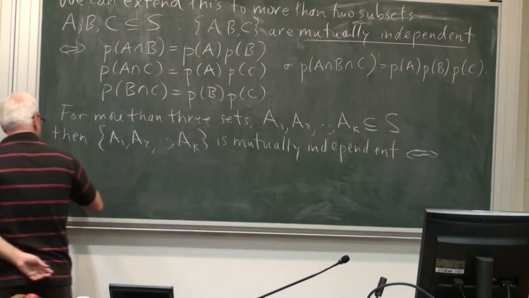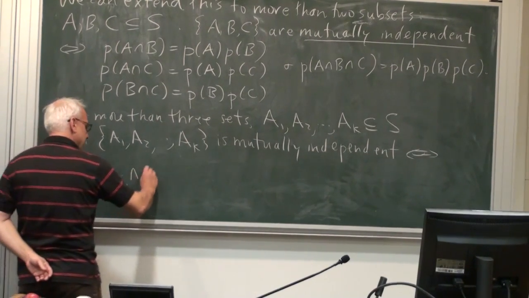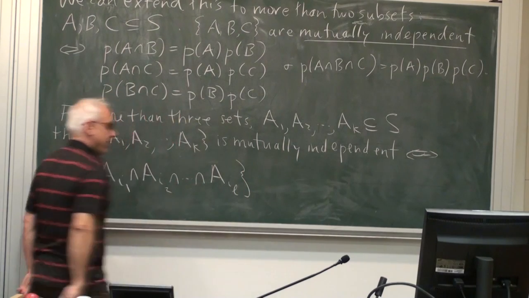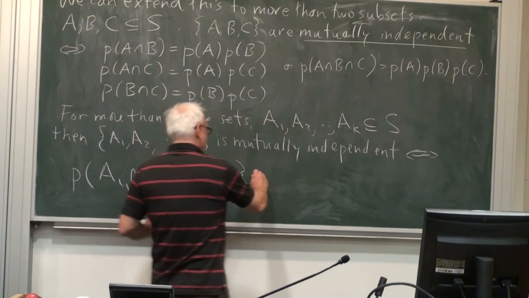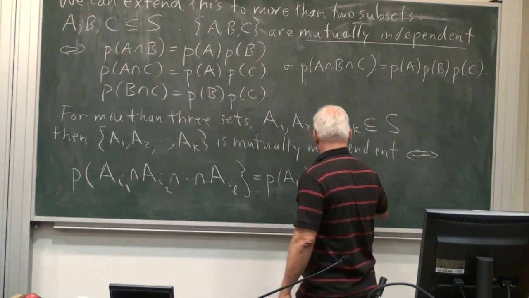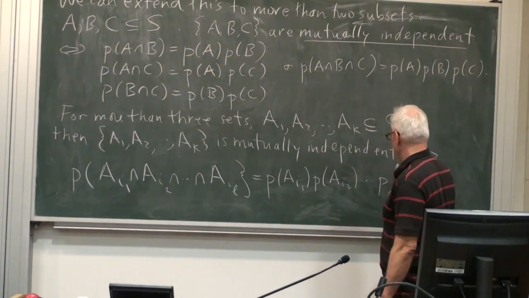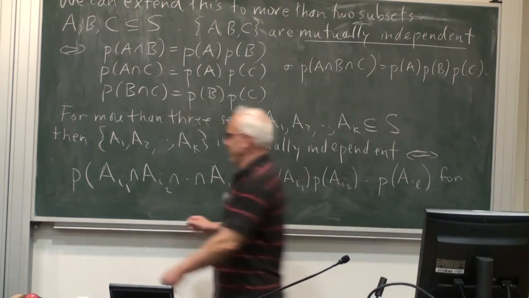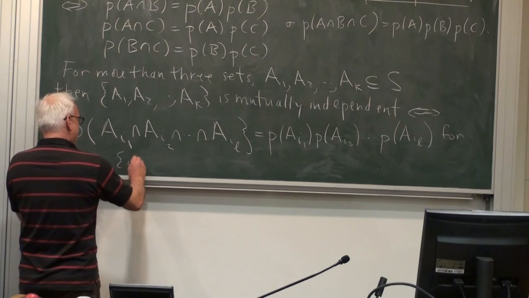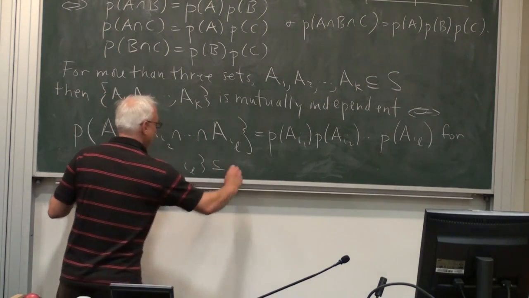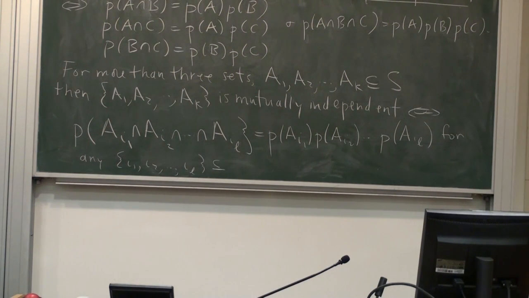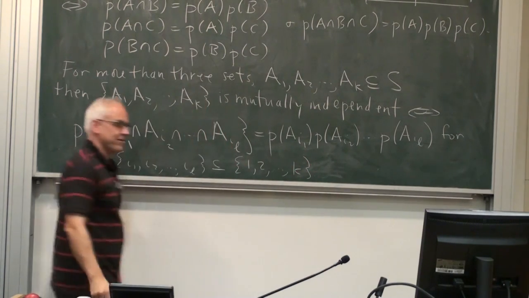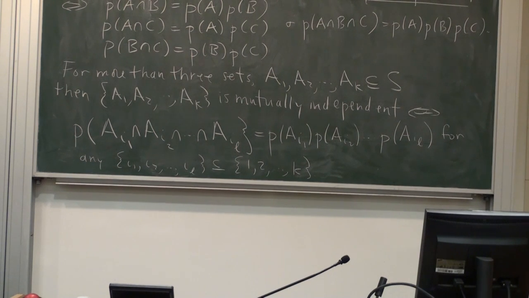We'll say if the probability of A_i1 intersect A_i2 intersect all the way up to A_iL is the product of the various probabilities, probability of A_i1, probability of A_i2, all the way up to probability of A_iL, for any subset i1, i2, up to iL of the index set 1 through K. This is a flexible way of capturing all of these relations at once.